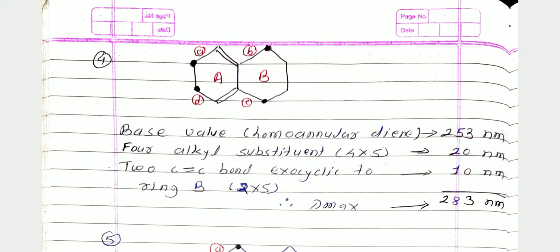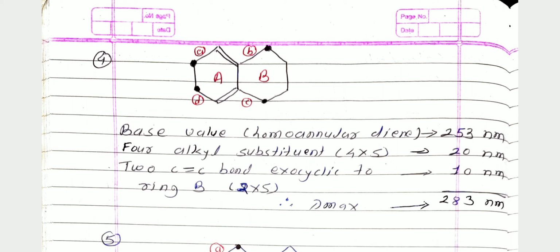Then only 3 values, no extra double bond in conjugation. First is the base value homoannular diene 253 nanometer, 4 alkyl substituents, 4 into 5 is 20 nanometer, and 2 double bonds are exocyclic to ring B. Means these 2 double bonds are attached to ring B but exocyclic means outside ring B. Therefore, one exocyclic double bond value is 5, 2 exocyclic double bonds, therefore value is 10 nanometer.